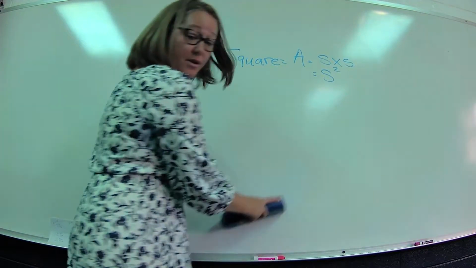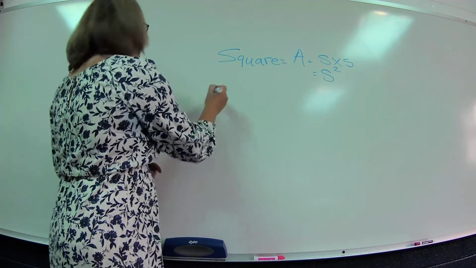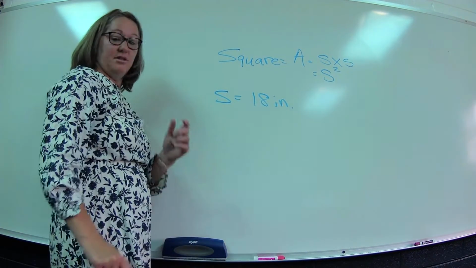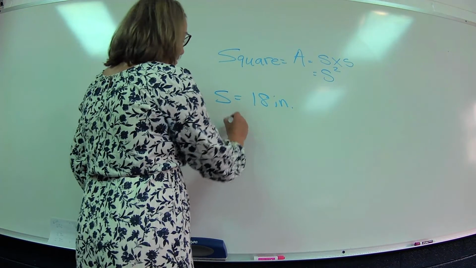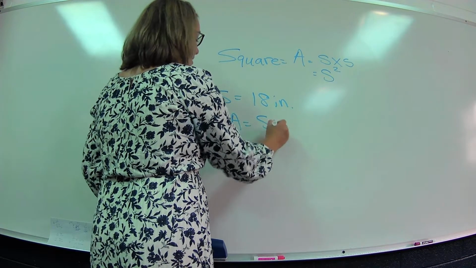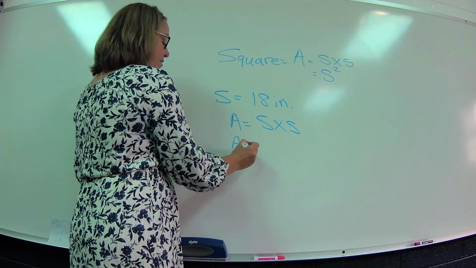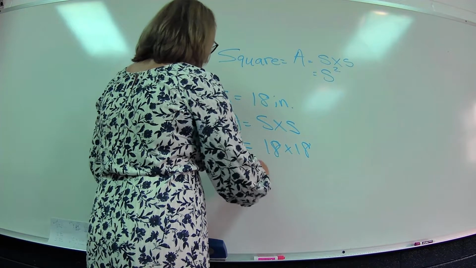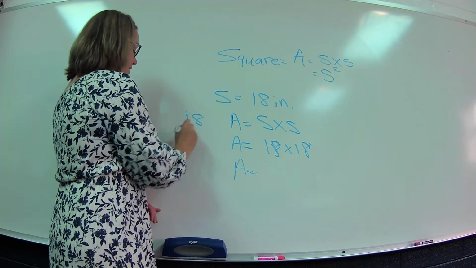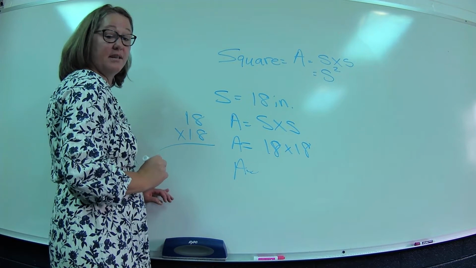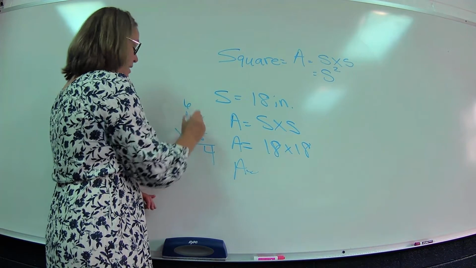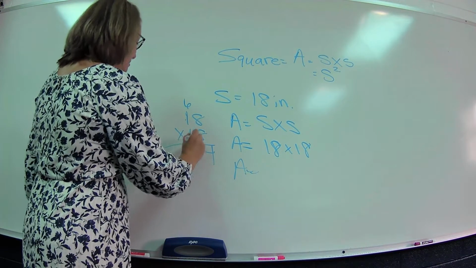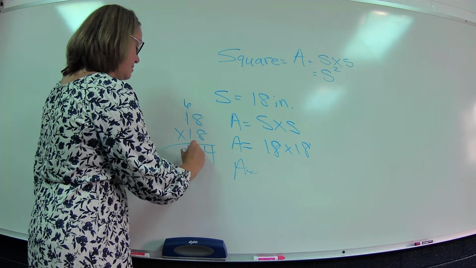All right, let's look at one more square here. And so we'll say the side is 18 inches. So formula for square, area equals side times side. Plug in the values, 18 times 18. Area equals, do your little work over here, 18 times 18. What's 8 times 8? 64. 8 times 1 is 8, plus 6, gives you 14.